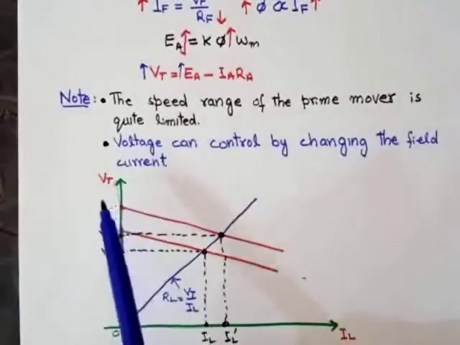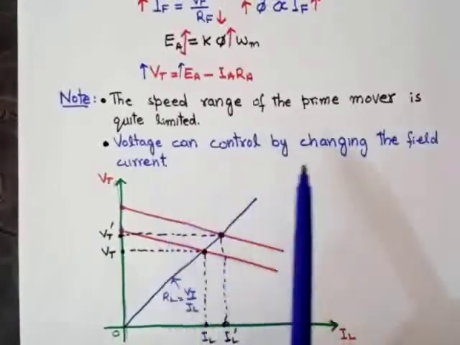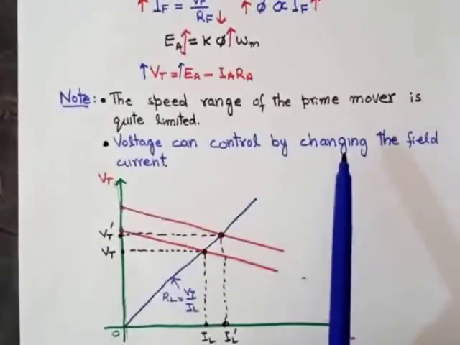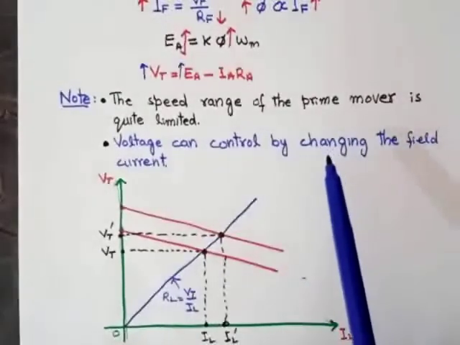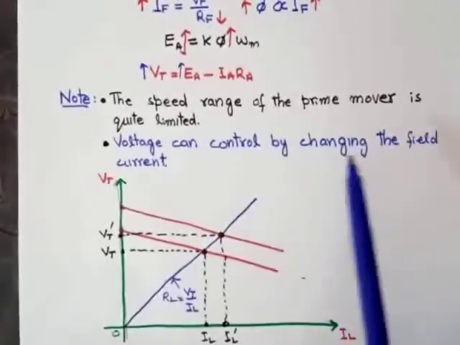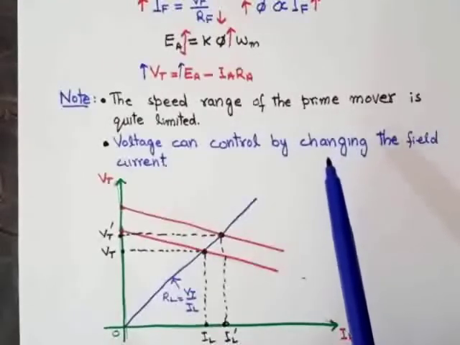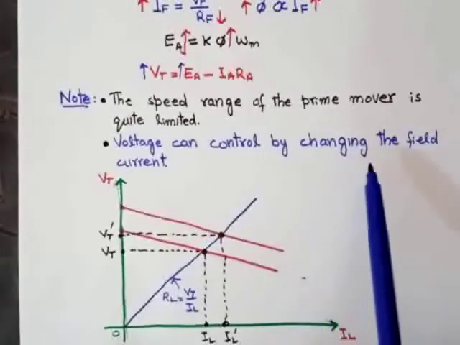We only control the voltage by changing the field current, because the second method is limited, since the speed of any powerhouse is limited. The only factor we can increase or decrease is the field current.